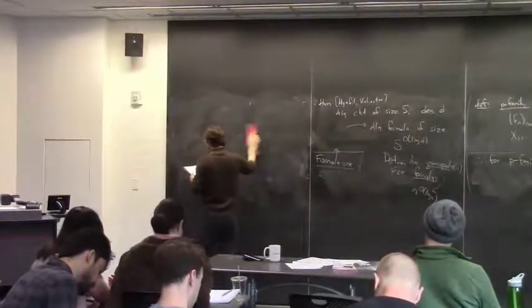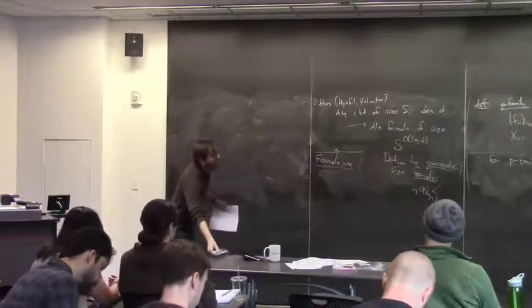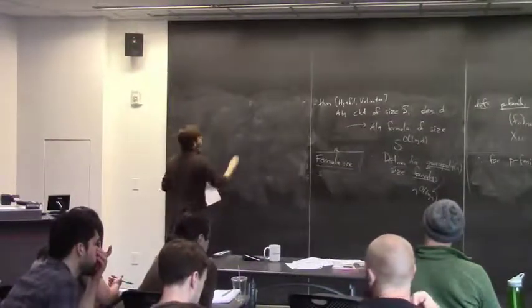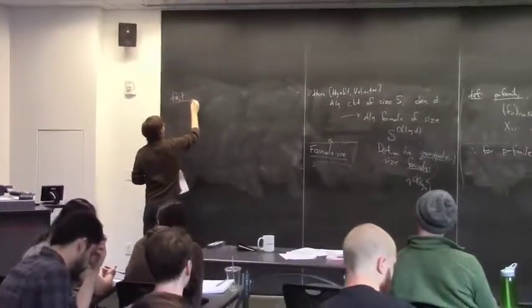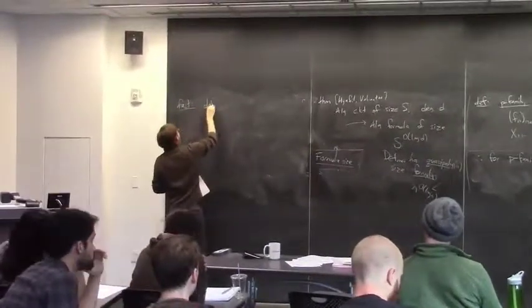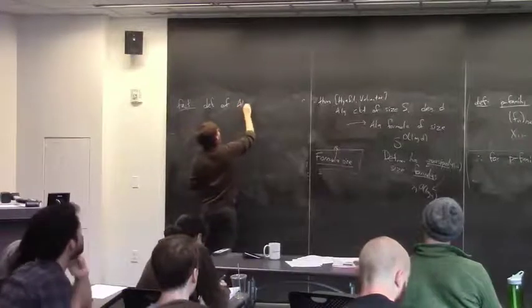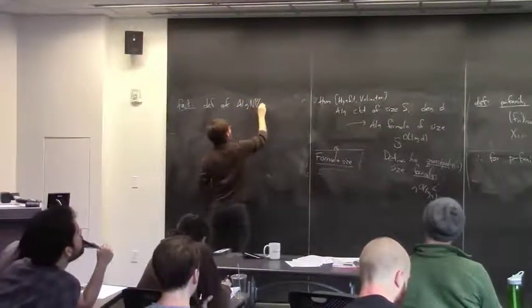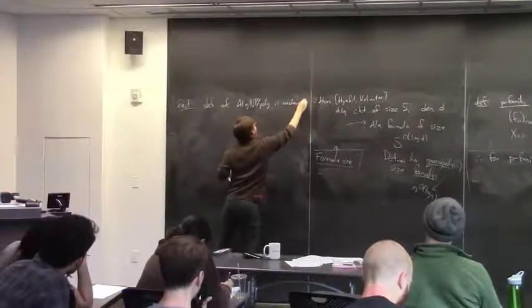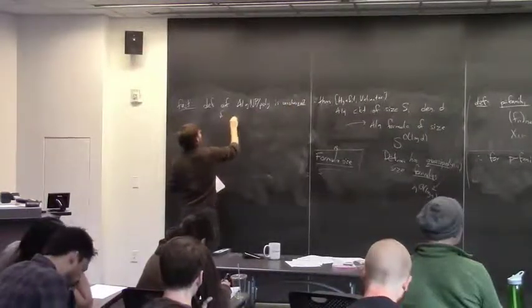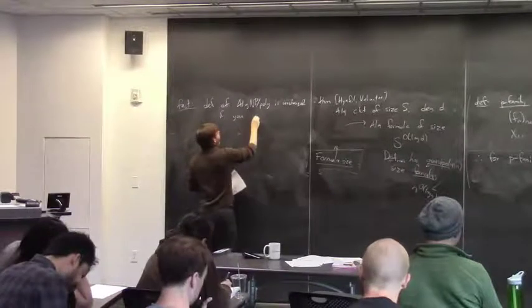Let me tell you a few facts about this. This is a small fact, a sort of technicality, but it's good to know. It turns out the definition of alg NP/poly is unchanged if you insist that the G's are formulas.